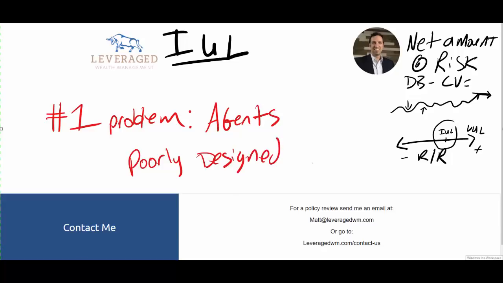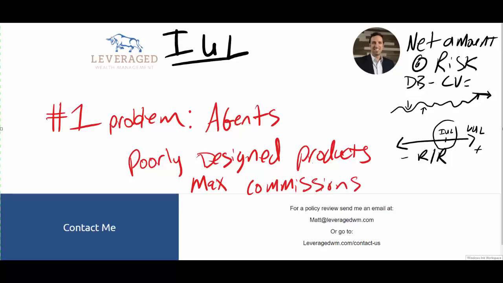And when I say poorly designed products, primarily what I mean are insurance agents who structure these policies to generate maximum commissions for themselves. So that is by far the number one problem when it comes to index universal life. It's uneducated agents who poorly design products in order to maximize their own commissions.